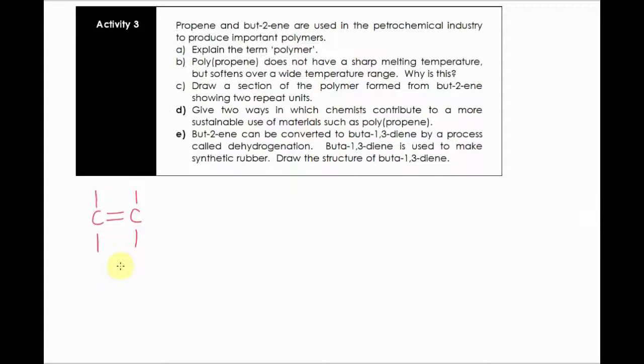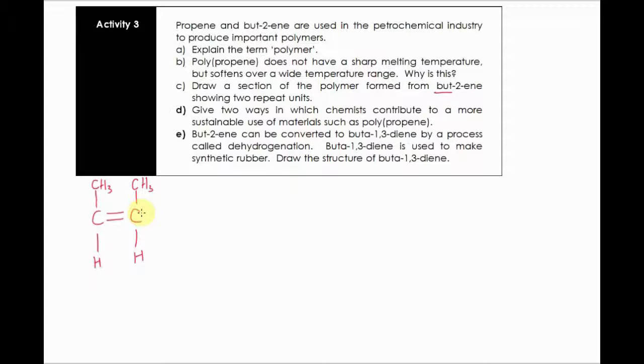Now with butene, because it's bute, monkeys eat peanut butter, it's 4 carbons long, so we're going to have a CH3 group up here, a CH3 group up here, and a H here, and a H here. Those are going to be our 4 groups that are attached to the carbons on the carbon-carbon double bond.